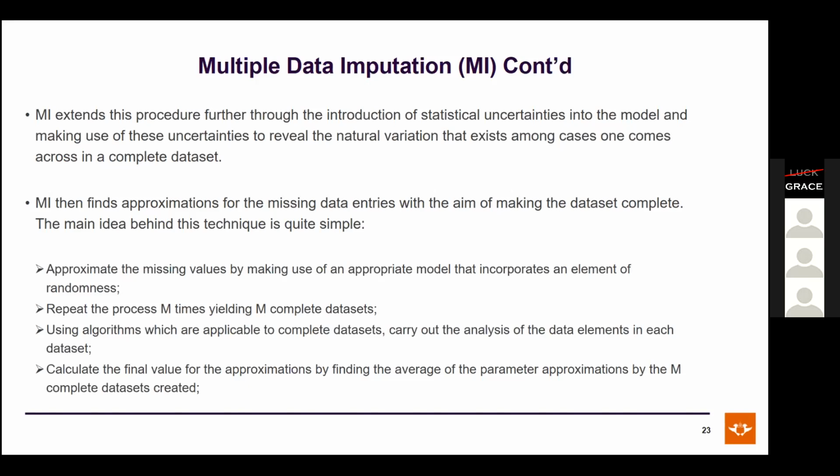It repeats the process multiple times, whatever might be favorable for you. It could be 5, 10, 15. But it repeats the process in this case m times, where m is determined and defined by the data scientist, and it generates m complete data sets with m different estimates of the missing information.